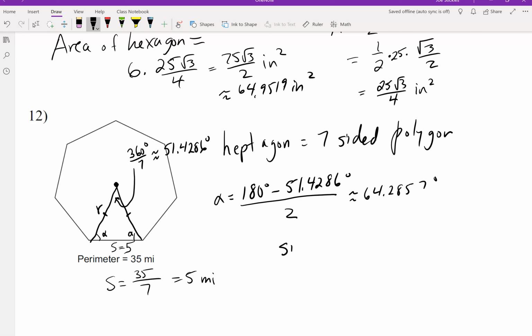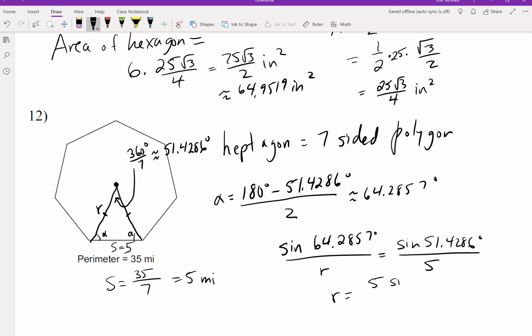We know that the sine of alpha, which was 64.2857 degrees, over R, will be equal to the sine of the 51.4286 degrees, and that'll be over 5. And we can solve this for R, right? We cross multiply and then divide by this number. So it's 5 sine of 64.2857 degrees over the sine of 51.4286 degrees.